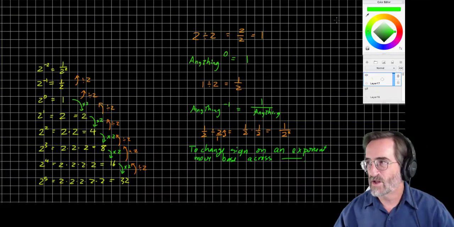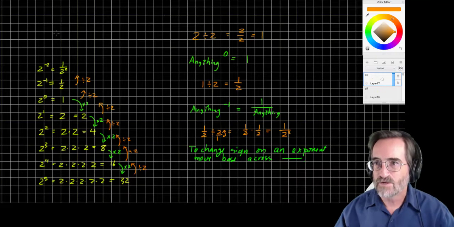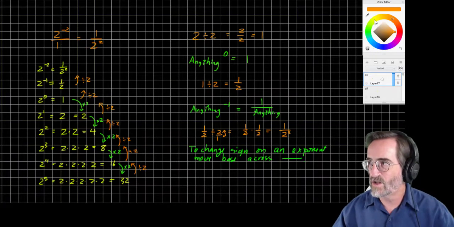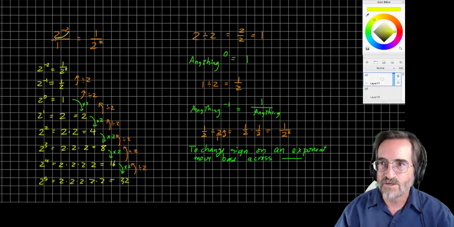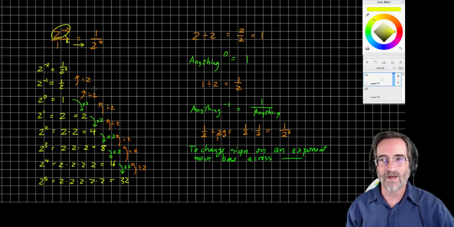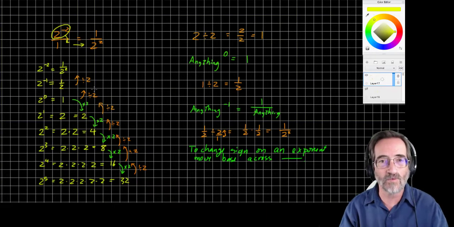Let me show you what I'm talking about. 2 to the negative second can be written over 1. And we've just determined that it's equal to 1 over 2 to the second. So you see how what has happened is the 2 to the negative second has moved across the bar to the bottom, and the negative 2 has become positive. So essentially what we're doing is we're starting with 1 and we're dividing by 2 twice.